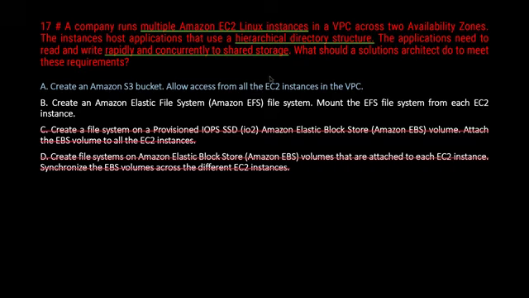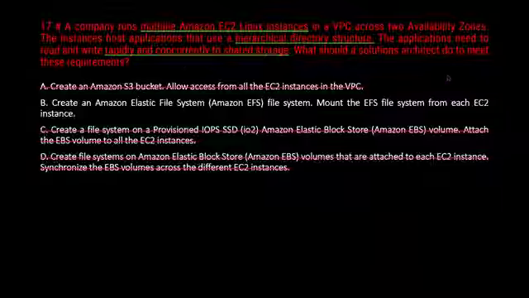I mean, it's not even attached to EC2 instances, so you can consider it as shared storage somehow, but it is not a hierarchical directory structure. It is an object storage. So cross that out. Hierarchical directory structure in the sense of whatever you see on the Windows operating system, right? You can go to a folder, and another folder, you can have multiple subfolders, etc.